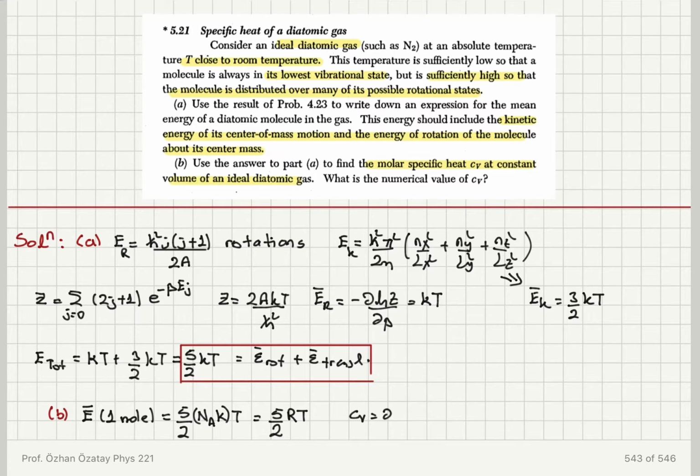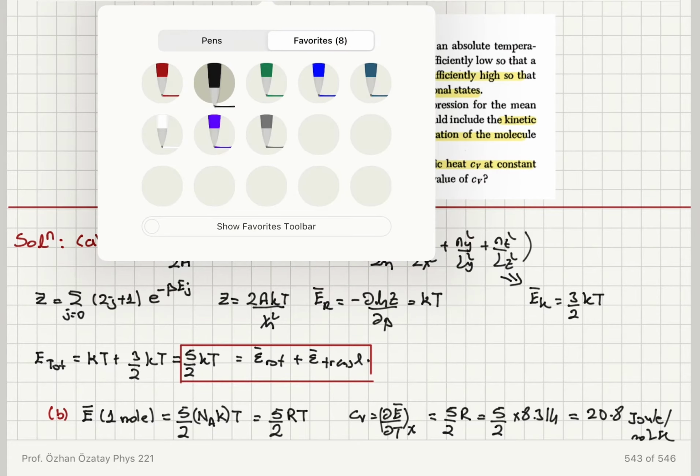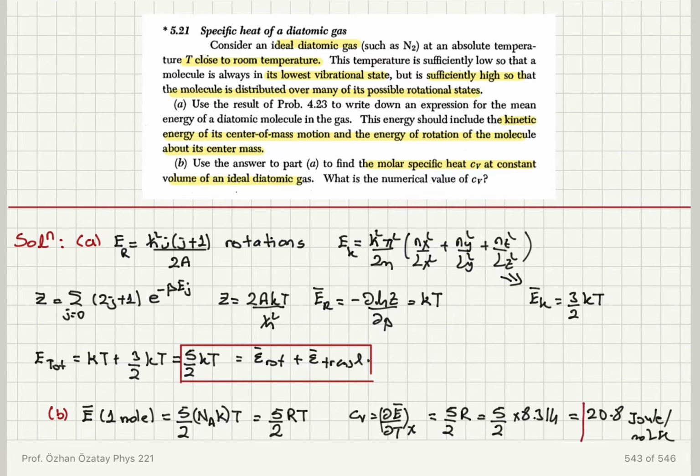Therefore, C_V is equal to ∂Ē/∂T for 1 mole with all external parameters fixed, which is 5/2 R. The universal gas constant has a value of 8.314 joules per mole Kelvin, so this would be 20.8 joules per mole Kelvin. That is the numerical value of C_V, and it is equal to 5/2 R for a diatomic gas at temperatures close to room temperature.